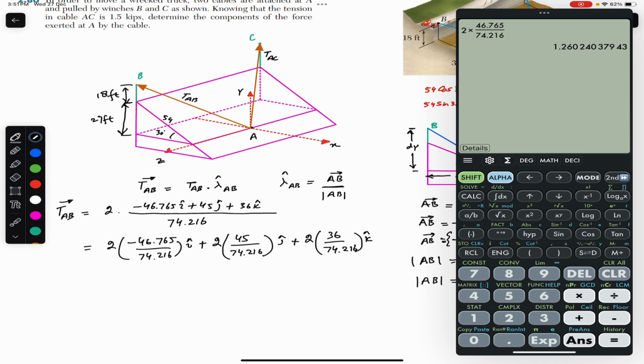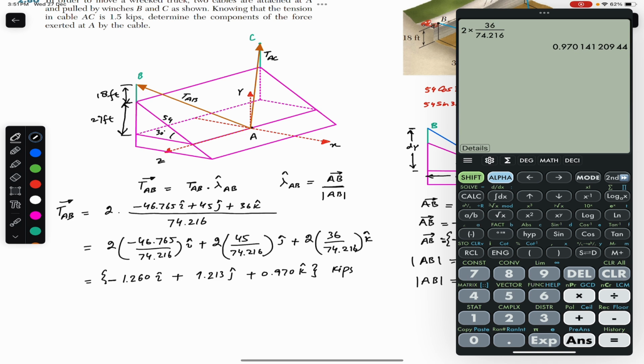So the magnitude of the x component is 1.260, and the negative sign will remain there. Similarly, plus 2 multiplied by 45 divided by that magnitude, this is 1.213 j, and multiplying by 36, this is 0.970 k, and the units will be kips.